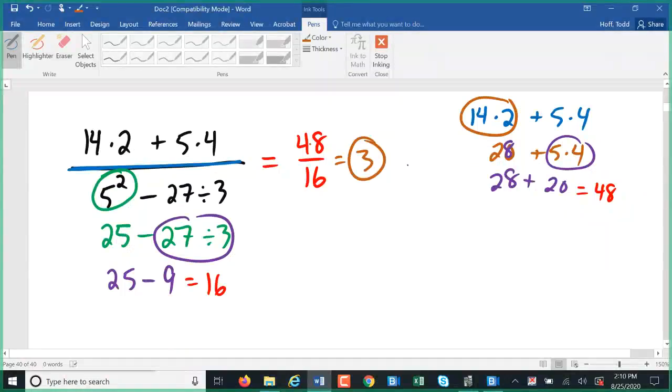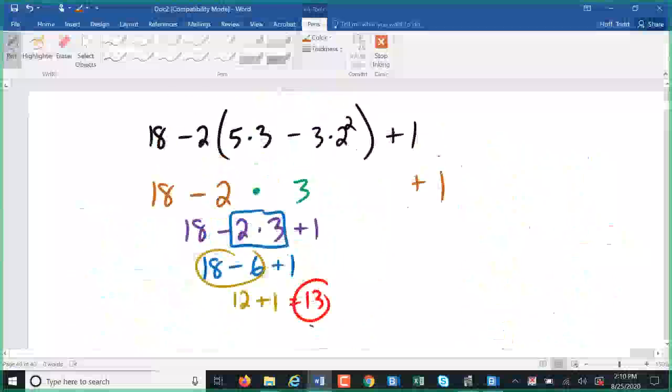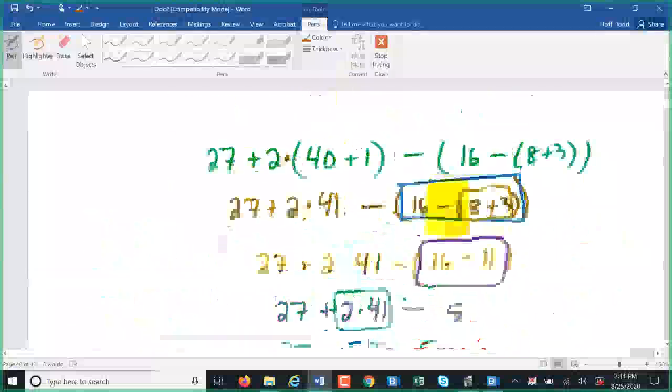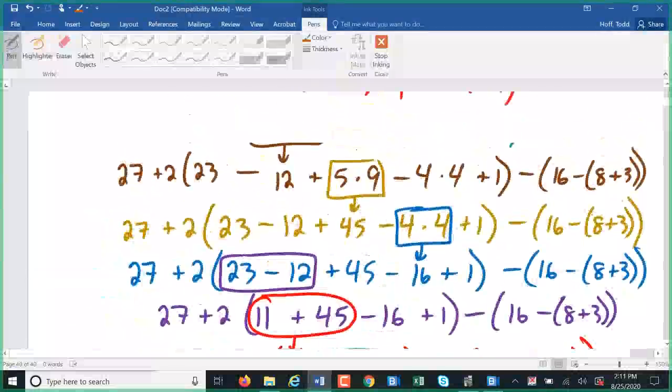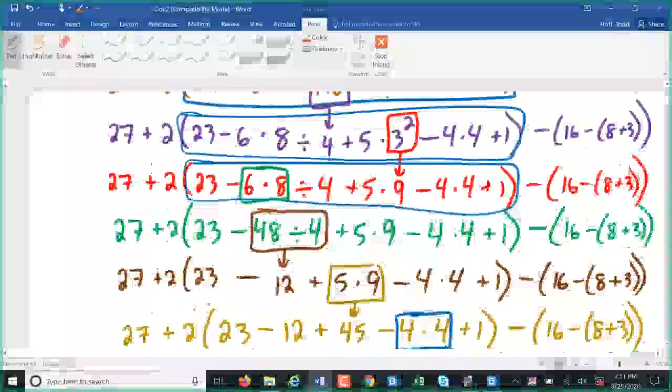Now, this problem is very important because all of these previous problems that we've done could be entered in the calculator exactly as they appear here.